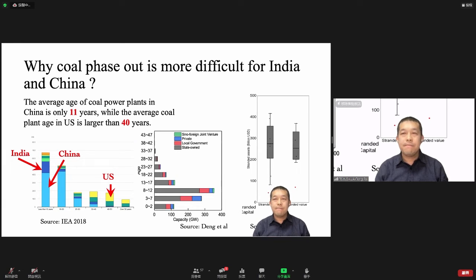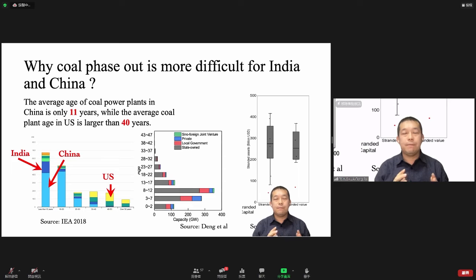What does this mean? A power plant generally has an operating lifetime of more than 30 years. So if we want to phase out coal before the end of its technical lifetime, you generally lose the money you invested in those power plants, which we call stranded assets.